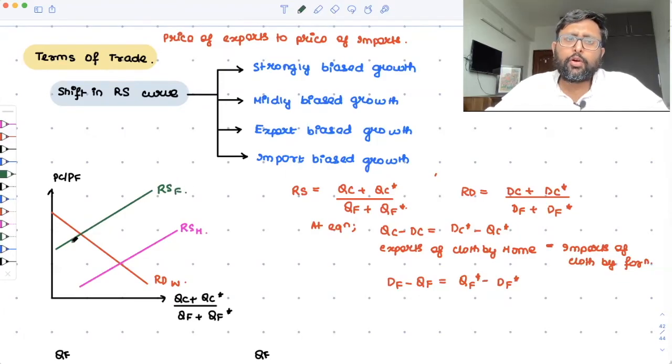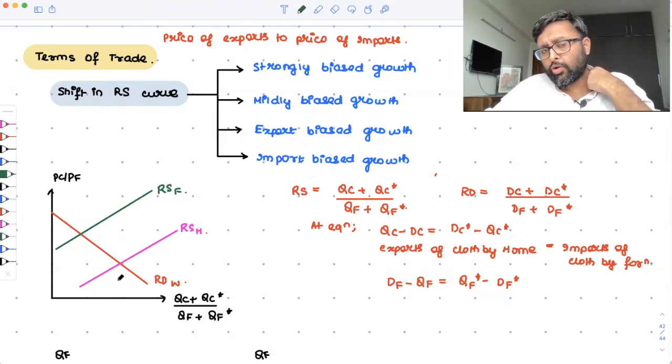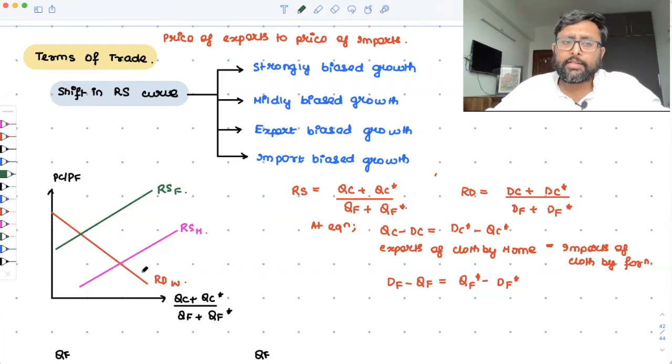Because in foreign less cloth is being produced, the relative supply curve is up because the relative price of cloth is higher in foreign, and in home more cloth is being produced, so the relative price of cloth in home is lower. This is all before trade. So with trade, the relative price is going to be between these autarky points. These two are autarky points.